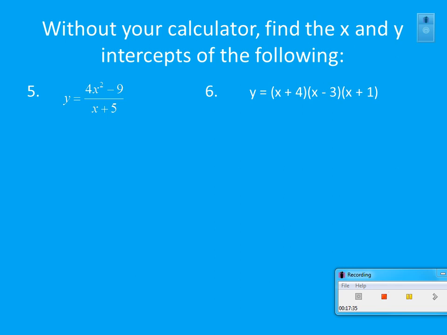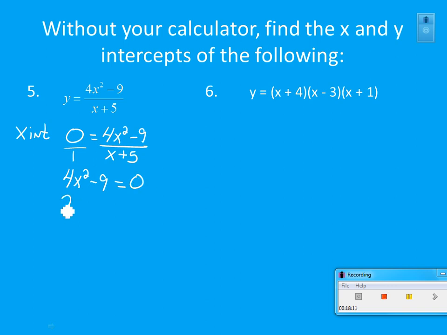On to your number 5, a fraction. Big deal. To find the x-intercept, let y be 0. So I got 0 equal 4x squared minus 9 all over x plus 5. The only time a fraction can equal 0 is when the numerator equals 0. And here's why. If I go ahead and put that over some number and cross multiply, I'm going to have 4x squared minus 9 equal 0 times that, which is 0.